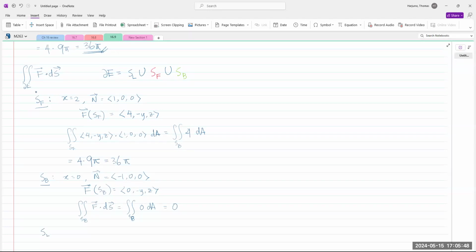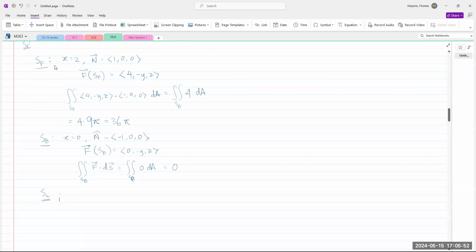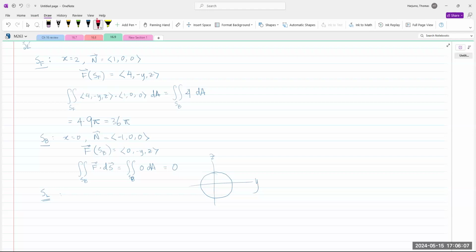Now the lateral part is hard. Why? Because you see, this is the x, this is the y, this is the z. I need to parameterize that in a way such that the normal vector is facing out. I wonder if you remember how we parameterize that.